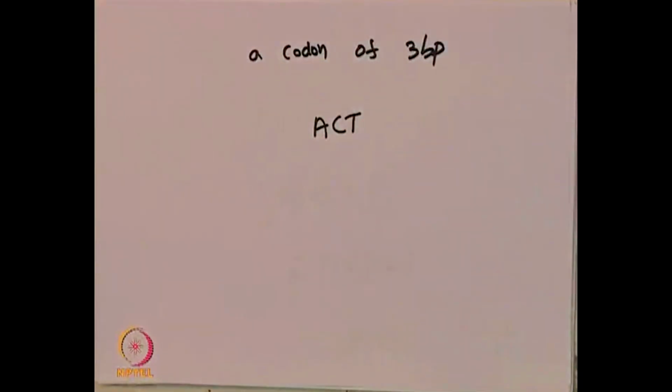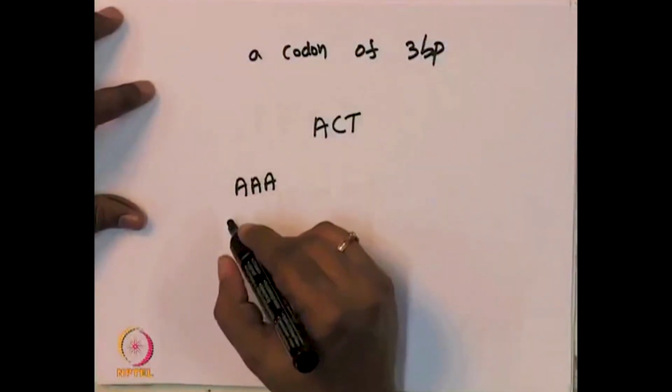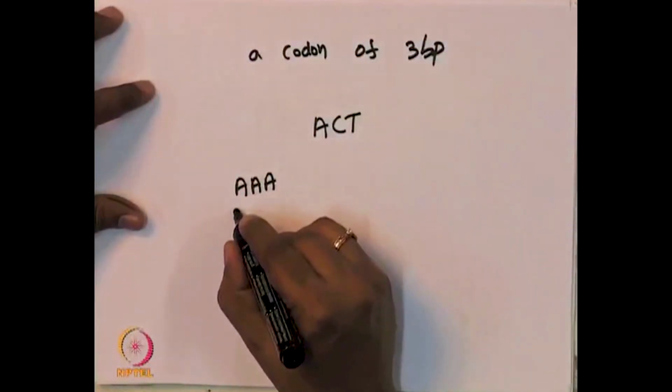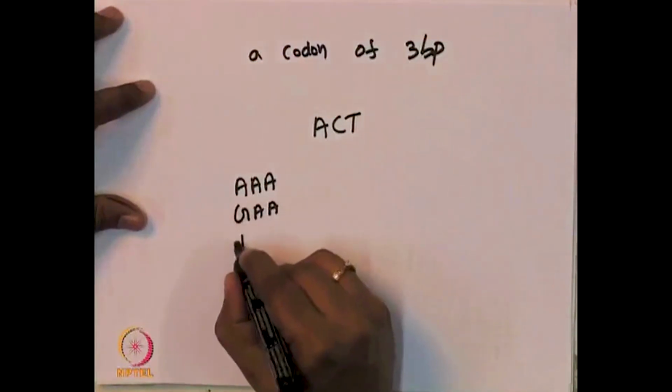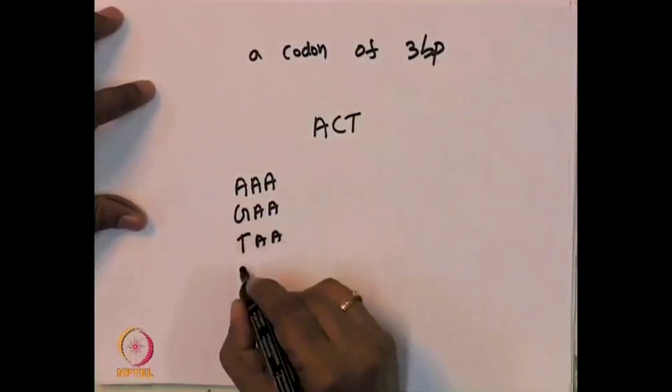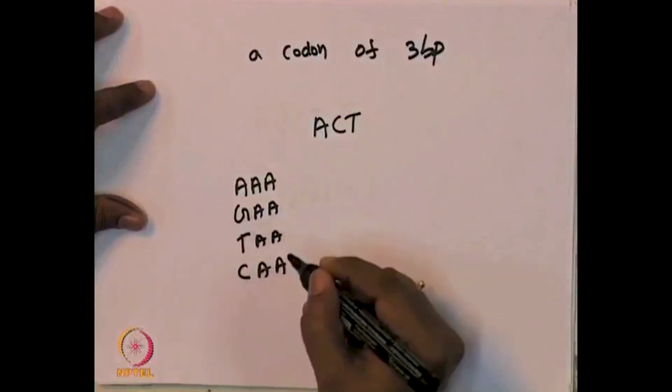What is the probability? So, to find this, first of all you have to know how many kinds of codons are possible. So, you can have AAA, it can be GAA, it can be TAA, it can be CAA.